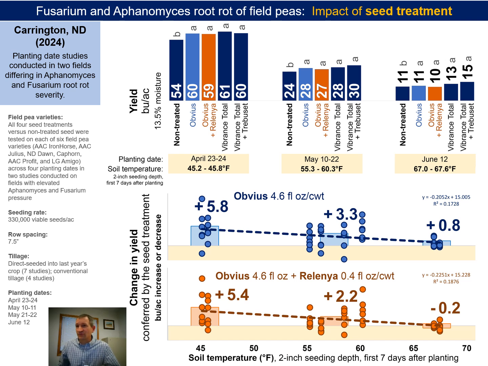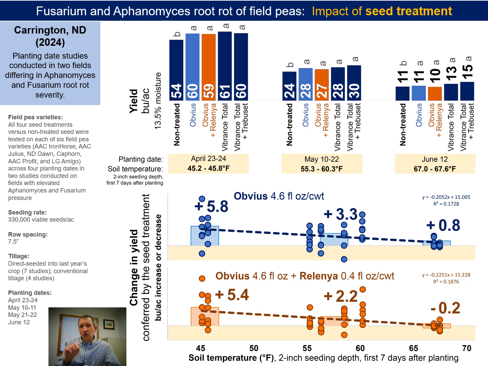We're at about 45, 46 degrees Fahrenheit. Planting at 39 degree soils is not a good idea either. Okay, you can plant too early. But our best yields occurred then, and no fungicide seed treatment is going to make up for planting late. The fungicide seed treatments will help you in those late planted peas, but they cannot give you enough of a gain to compensate for the reduction in yield potential associated with planting late.